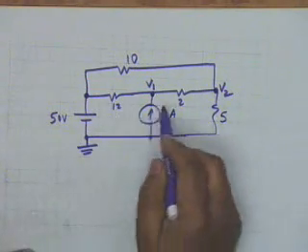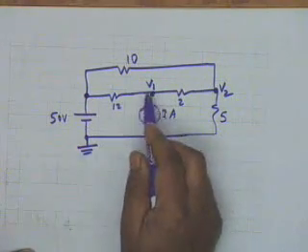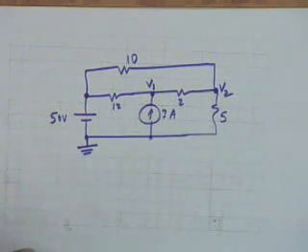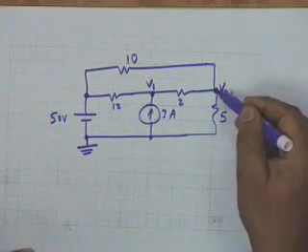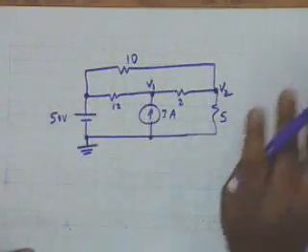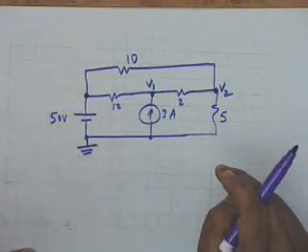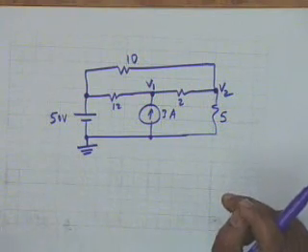For example, the current in 12 ohms shall be (50 minus V1) divided by 12, or the current in 5 ohms shall be simply V2 divided by 5. So all currents shall be known if we know all the voltages, and this is called the node voltage method of solution.